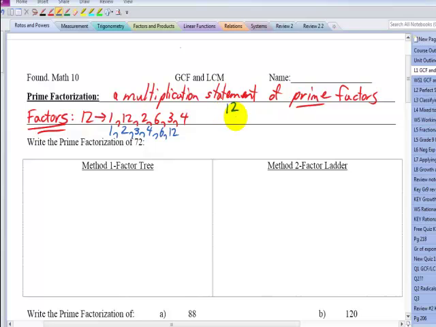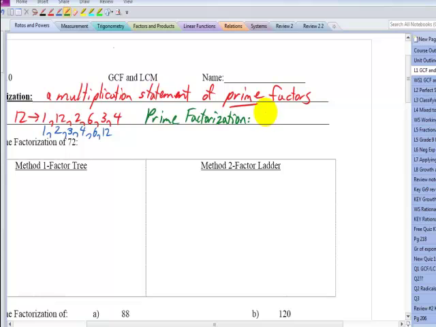For the prime factorization of 12, what we can do is just do a different way of dividing. So in grade 5, your teacher is telling you how to divide, and you probably did 2 or 3 different ways. So this is just kind of like a factor ladder or division ladder.